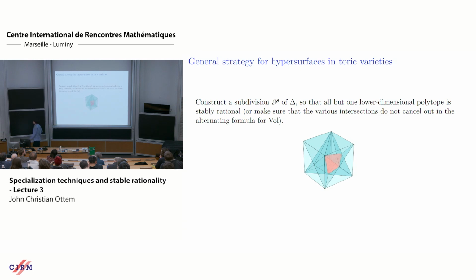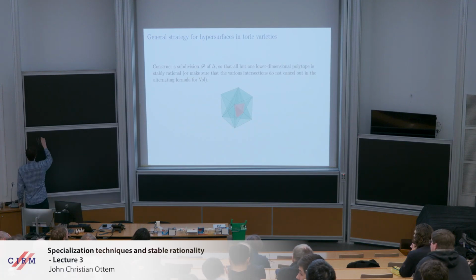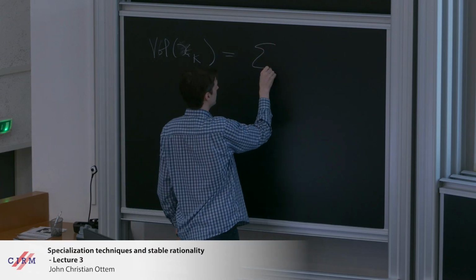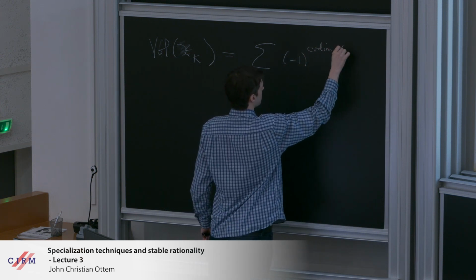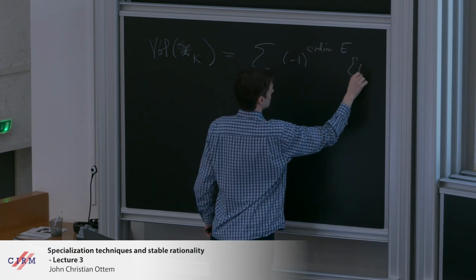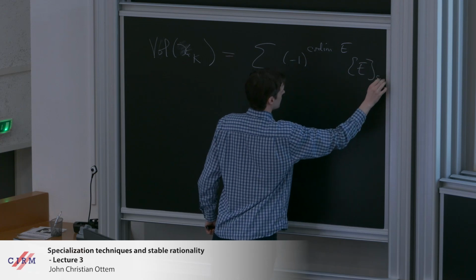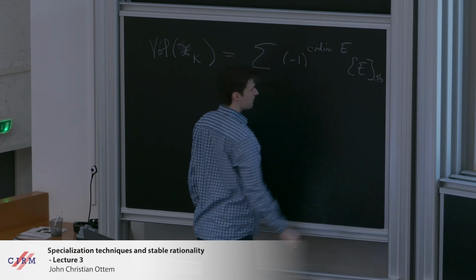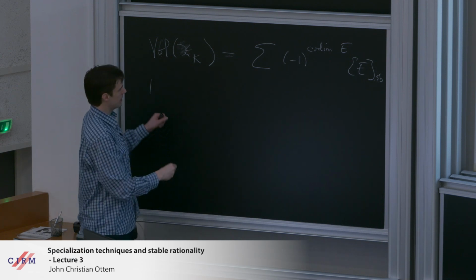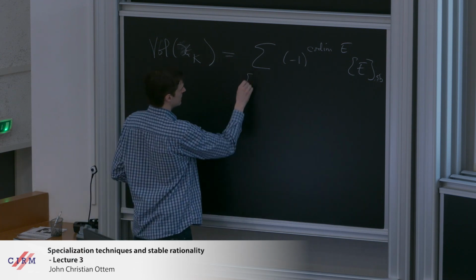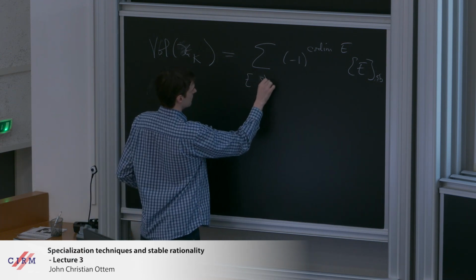So we take the volume of this degeneration, which would be something like this. So if you know that, say, E is the set of strata here.